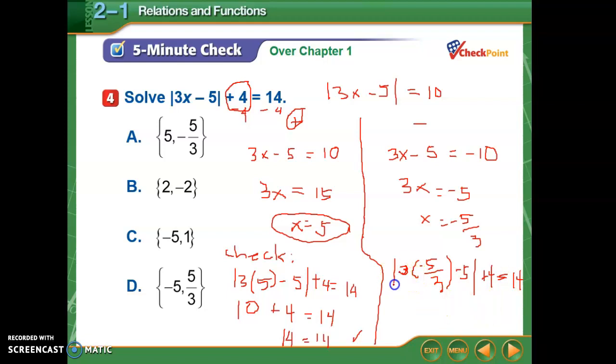Okay, so let's simplify this. So this cancels out. So that gives you negative 5 minus 5 absolute value plus 4. Okay, so the absolute value of negative 10 is 10 plus 4, that gives you 14. Okay, so that means this is also a real solution.